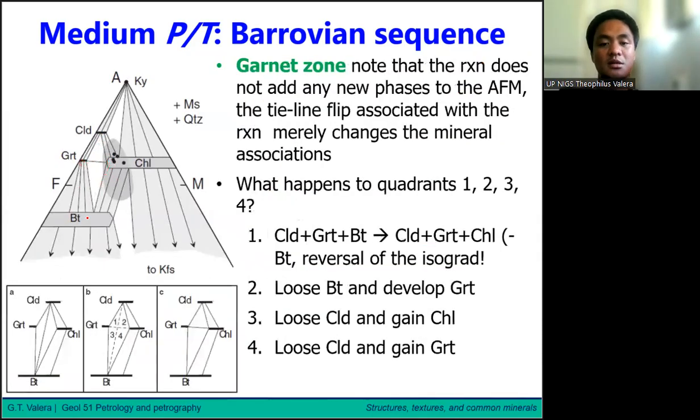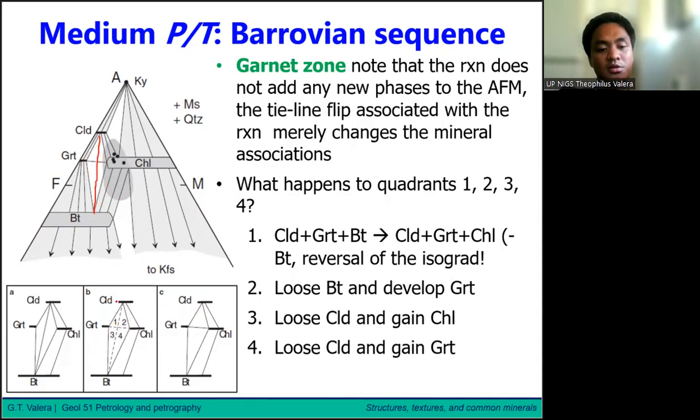Okay, so let's look at that in more detail. Garnet zone in 4 types of rocks. So initially, ito yung chloritoid biotite tie line. Ito yung final garnet chlorite tie line. So we can divide yung ating quadrants nitong reaction curves natin into 4. One was initially on the left side of this original tie line.